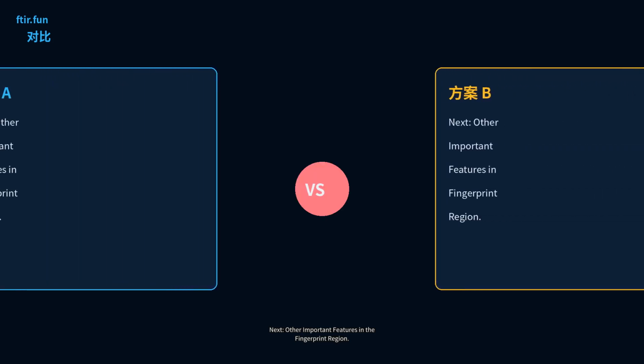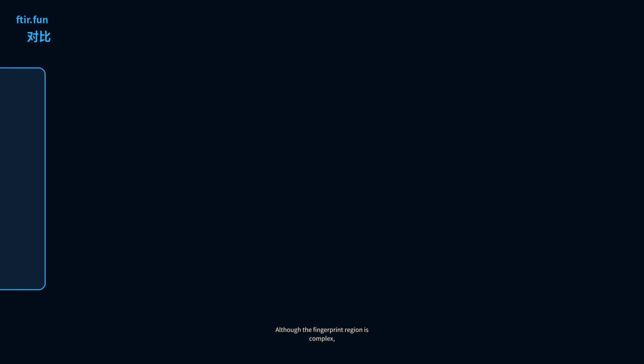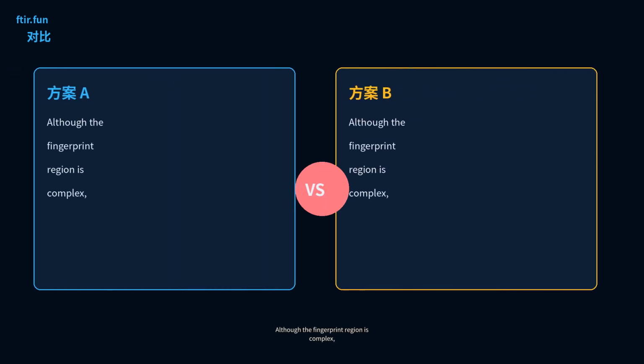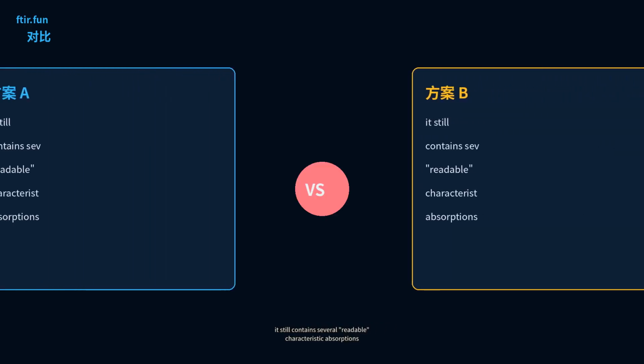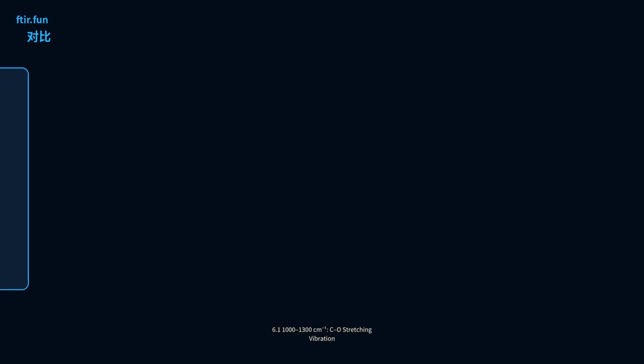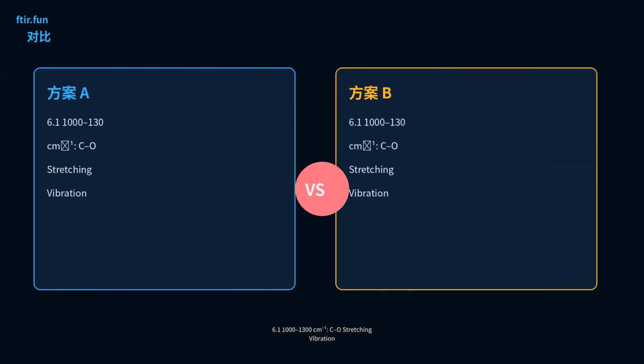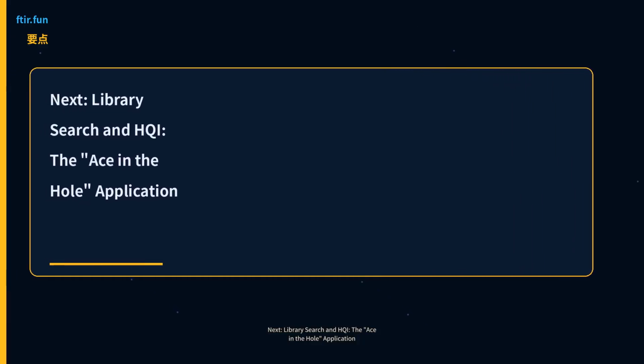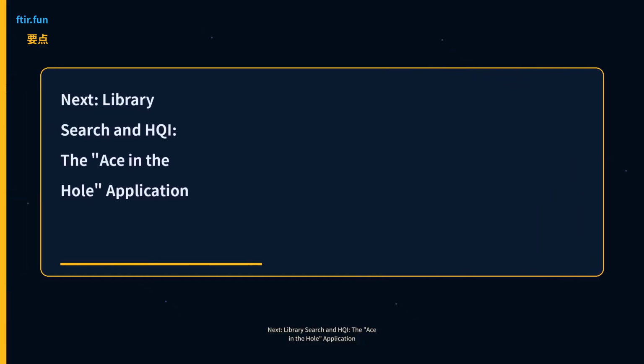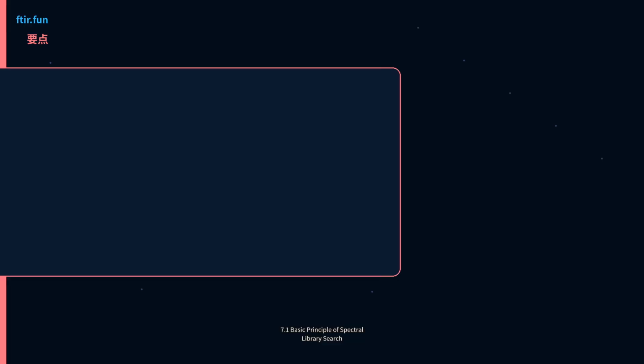Next, other important features in the fingerprint region. Although the fingerprint region is complex, it still contains several readable characteristic absorptions. Around 1,300 centimeters, sulfone stretching vibration. Next, library search, the ace in the hole application of the fingerprint region.